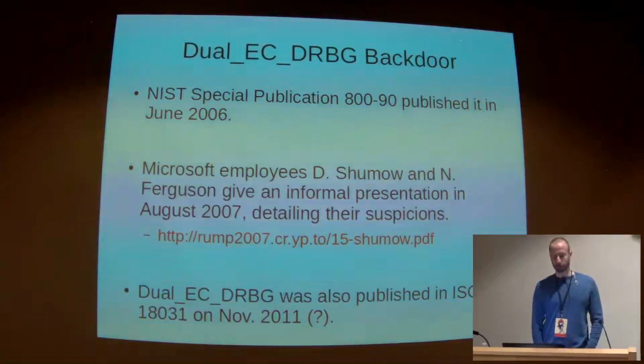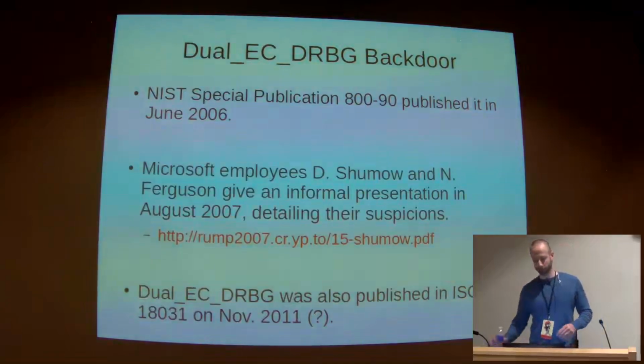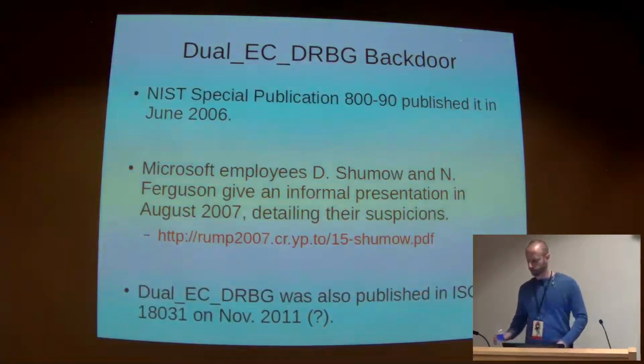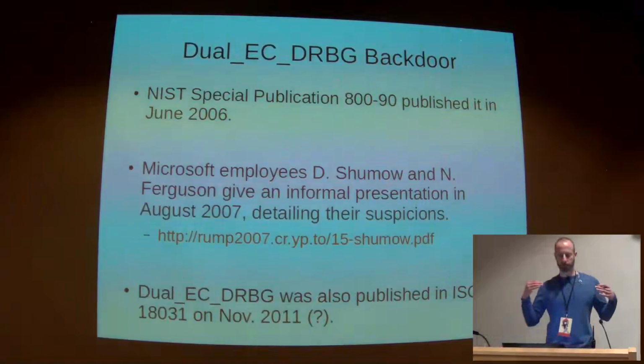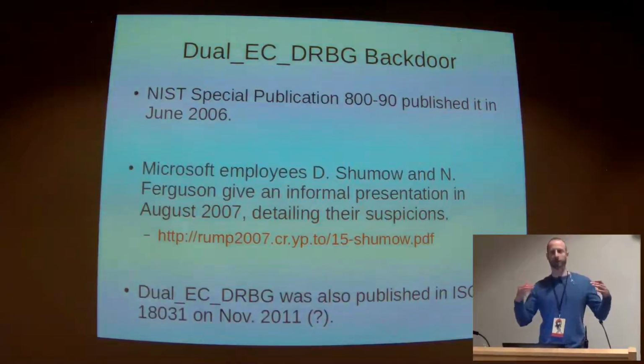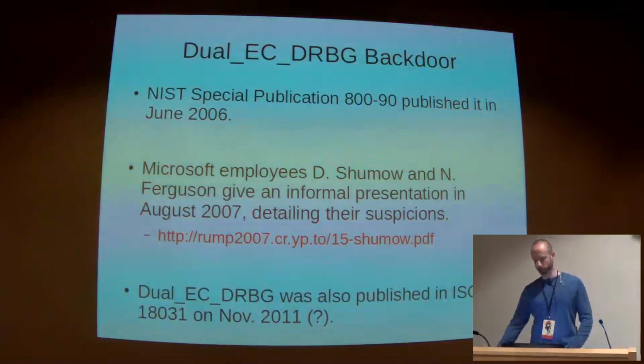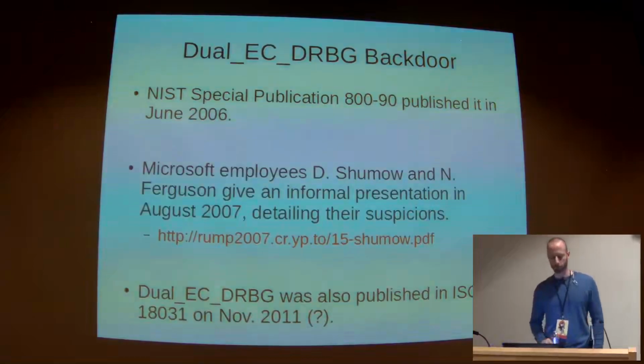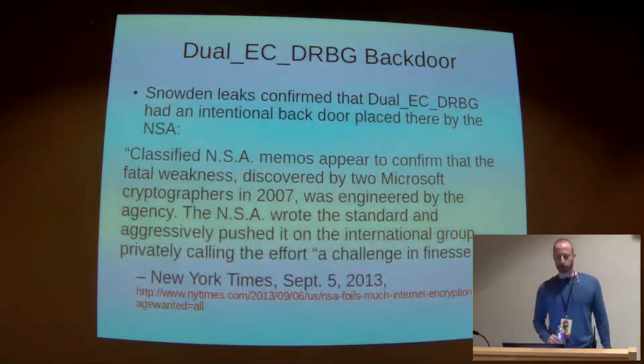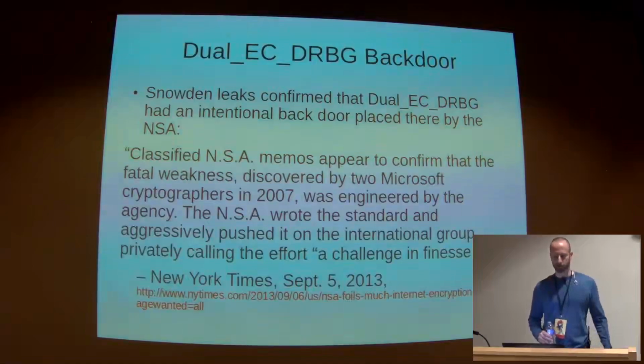In 2011, it becomes an ISO standard. So you see, it goes from being in an ANSI document to a NIST document, and then it goes into an ISO standard. And the Snowden leaks happen, as everybody knows. And that's when they got caught red-handed.